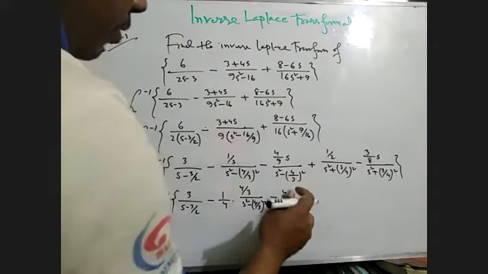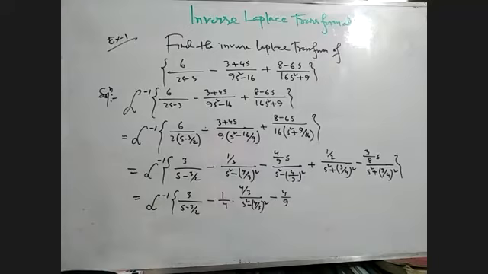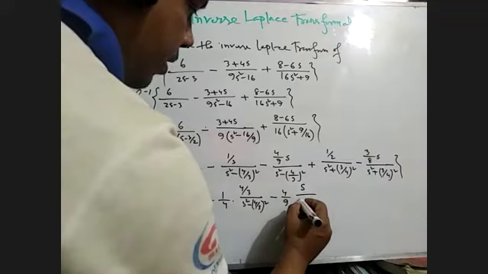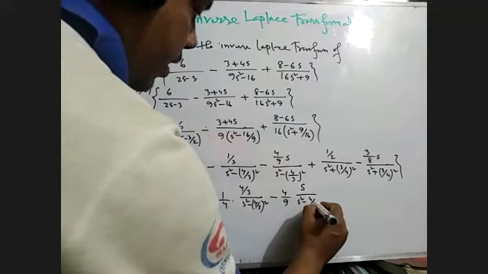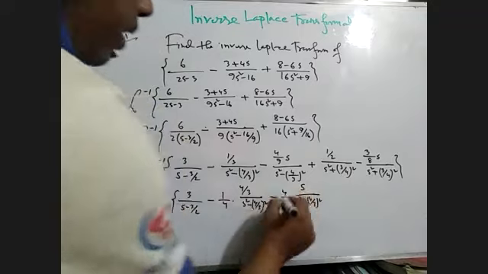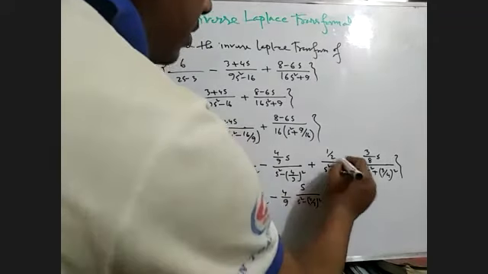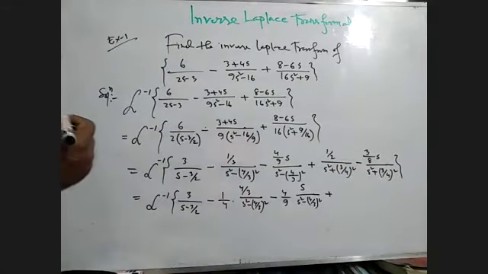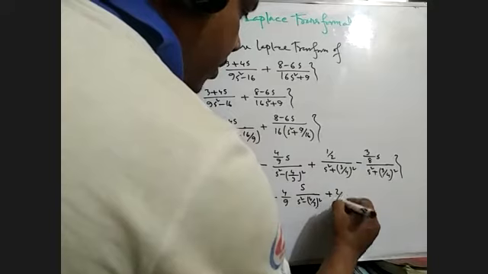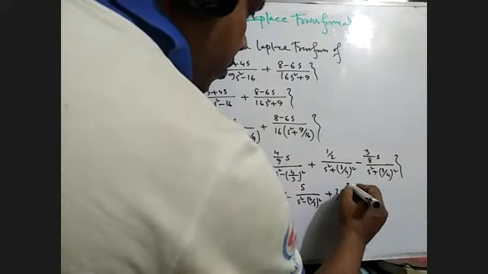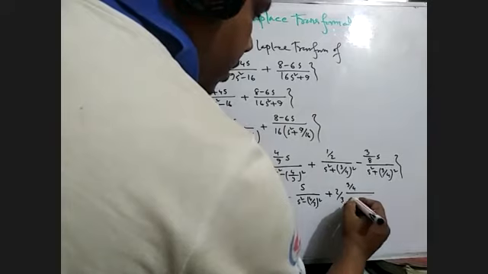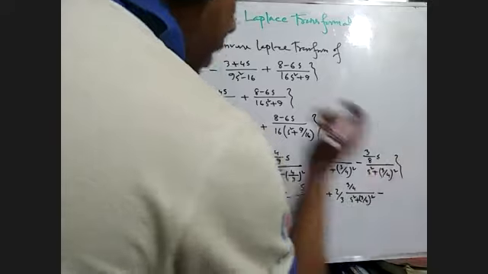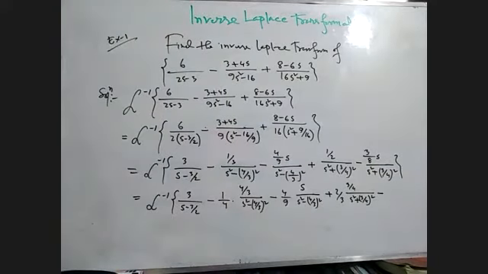If we divide it by 4 by 9, then we get s divided by s square minus (4/3) whole square, 4 by 9 just writing aside, plus we have to make 3 by 4 the same. So if we take 2 by 3 here, then we get 3 by 4 divided by s square plus (3/4) whole square, minus 3 by 8.